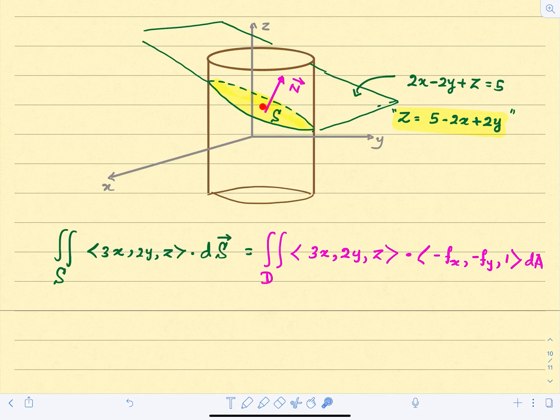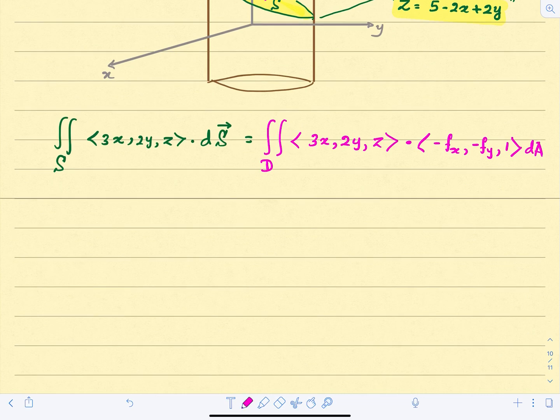So on this surface, your vector field equals 3x, 2y, and the z coordinate is given by this formula. The z coordinate equals 5 minus 2x plus 2y. Again, on this surface, the z coordinate is given by 5 minus 2x plus 2y. So now your right hand side becomes 3x, 2y, 5 minus 2x plus 2y dot, that's a dot product.